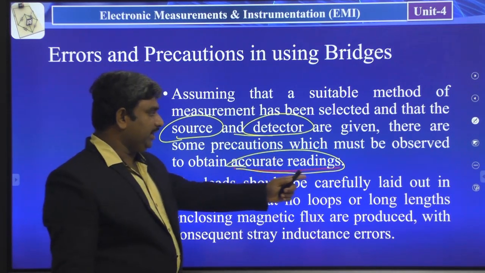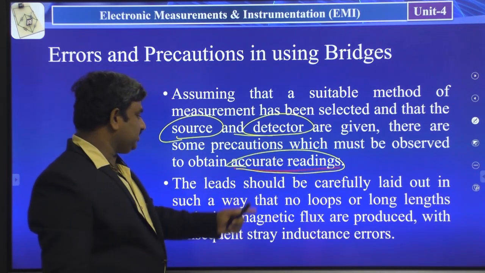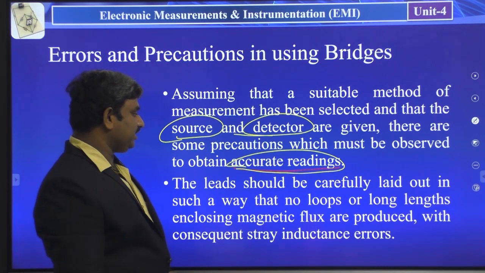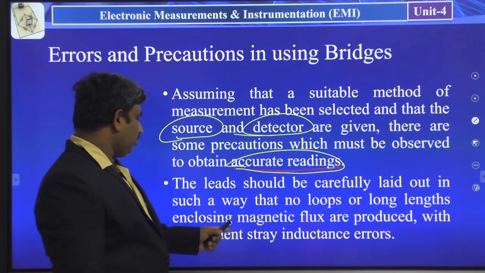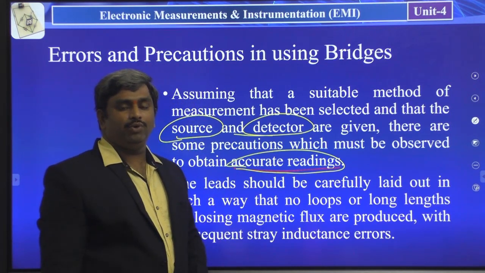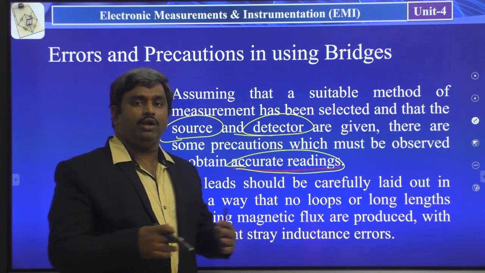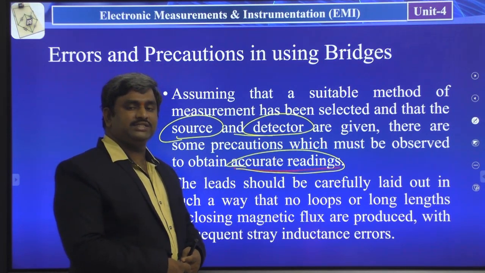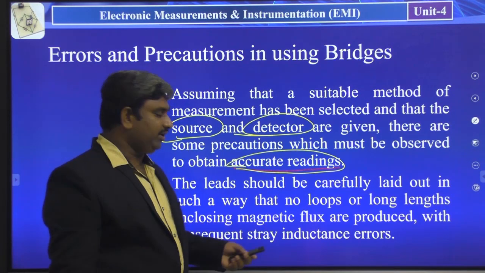The leads should be carefully laid out in such a way that no loops or long lengths enclosing magnetic flux are produced, with consequent stray inductance errors. So here we have to reduce the long length of the wires and the coil sizes based on the given requirements.